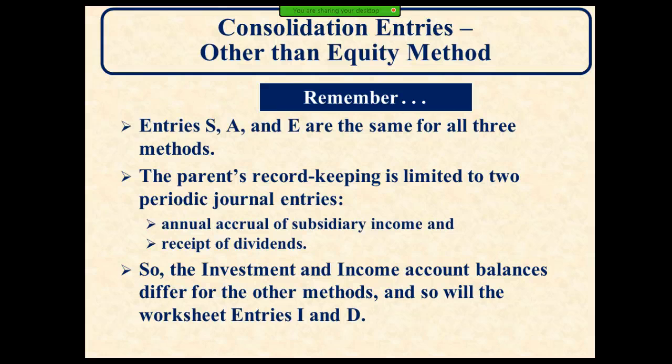The parent's record keeping is going to be related to journal entries. It's going to be an annual accrual of the subsidiary income and showing the dividends. The investment and the income account balances are what really differ for the other methods. Entries I and entries D are going to vary.